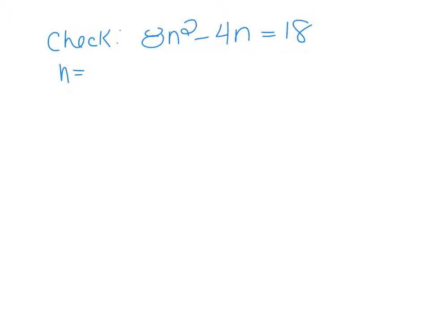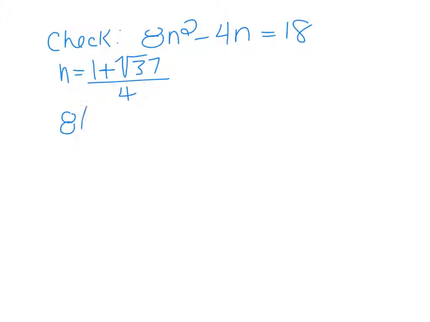Now before we answer here, we're going to go ahead and check back into our original equation. Our original equation was 8n squared minus 4n is equal to 18, and we're going to substitute our first value, that n is equal to 1 plus the square root of 37 over 4.